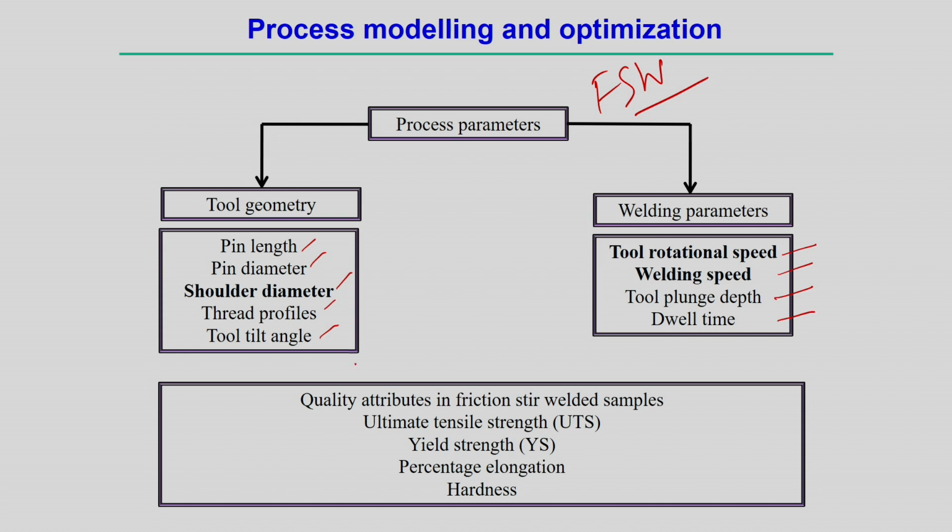These input parameters are used with a data driven modeling approach, a neural network modeling approach, or another statistical approach to predict the ultimate tensile strength of a weld joint, yield strength of a weld joint, percentage elongation of a weld joint, or the hardness of a weld joint.